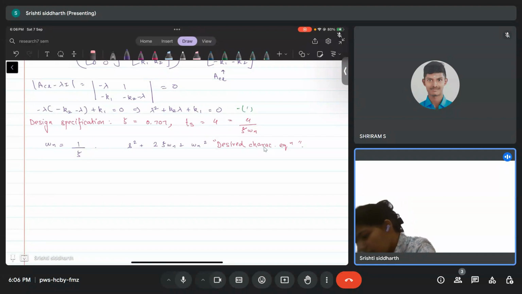So let's compute this first. S square plus 2 zeta into 1 upon zeta, plus 1 by zeta square.